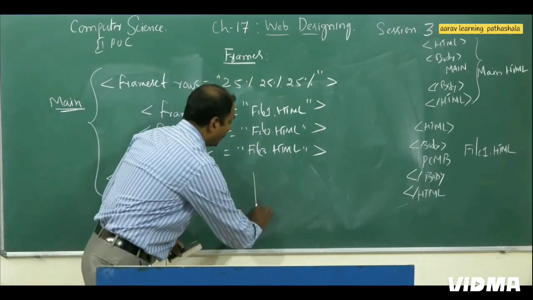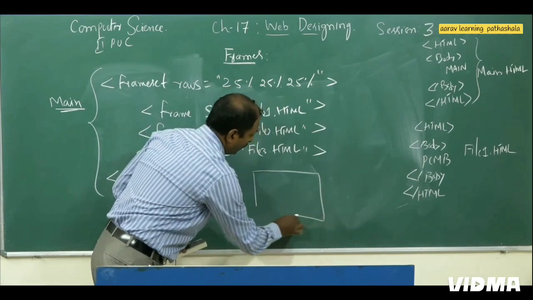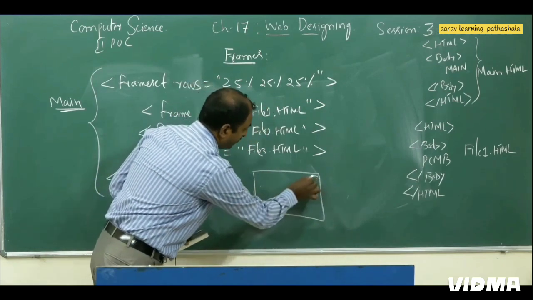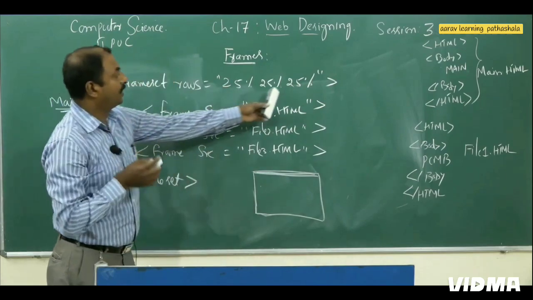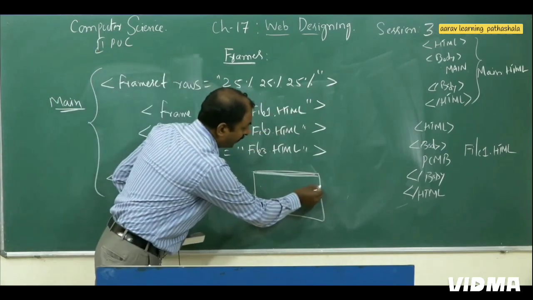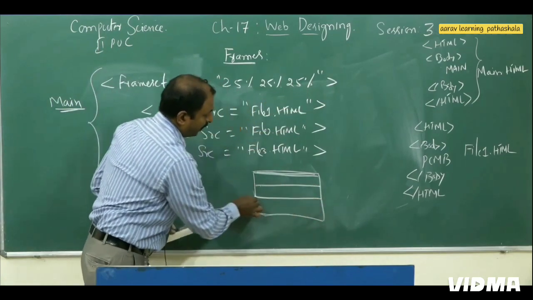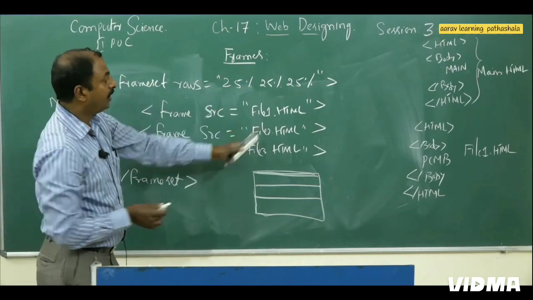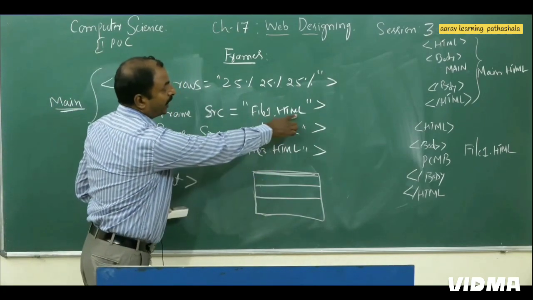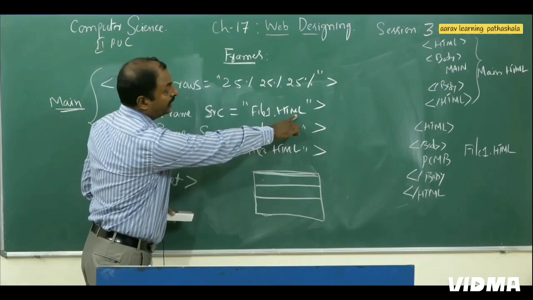Now, when you execute this main program, this is the web browser window, and as per the syntax, there are three rows. So this will be divided into three rows, and here in row 1, the content of file1.html will be displayed.